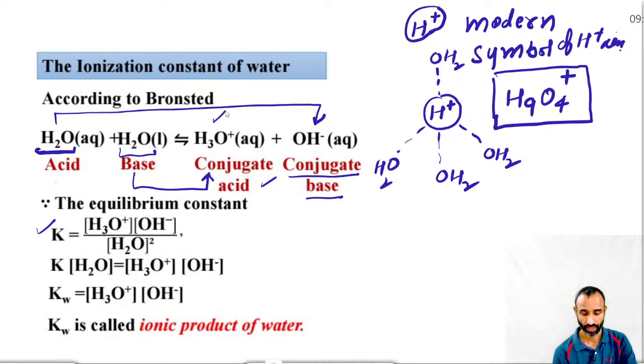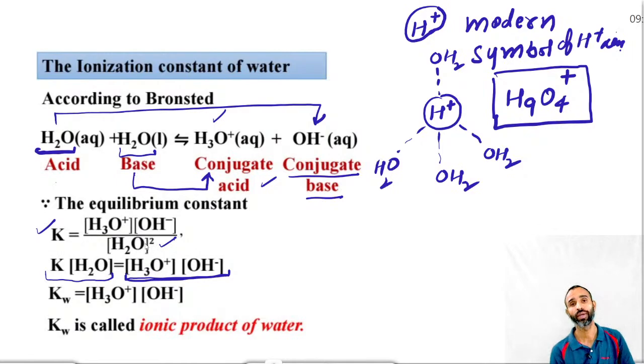So we can write the equilibrium constant as H3O plus into OH negative divided by H2O raised to power 2. Now K into H2O is equal to H3O plus into OH negative, because H3O plus means simply H plus.